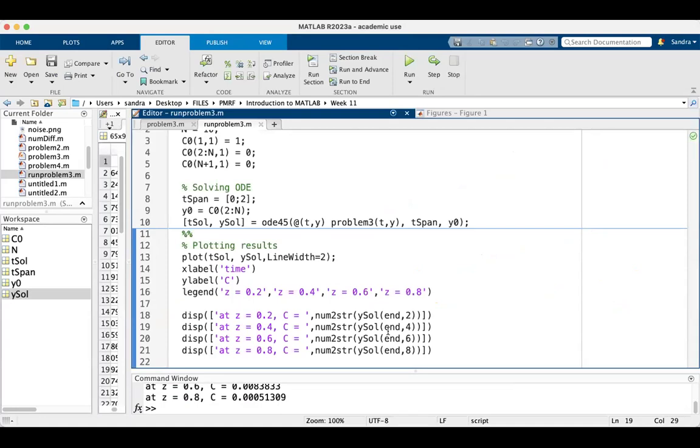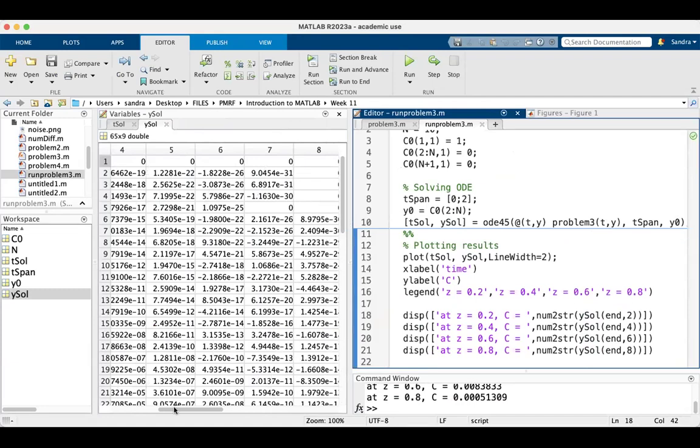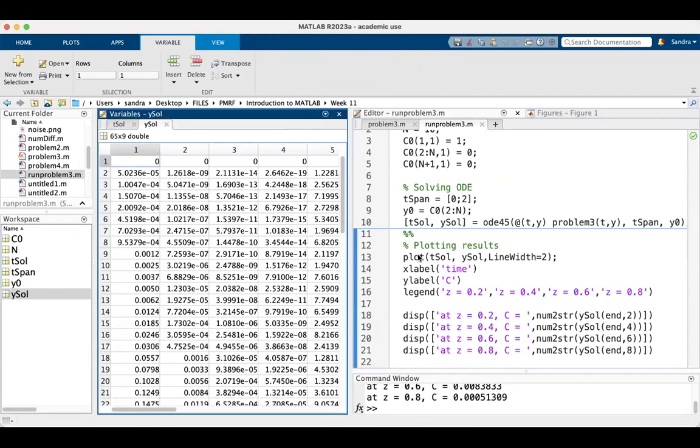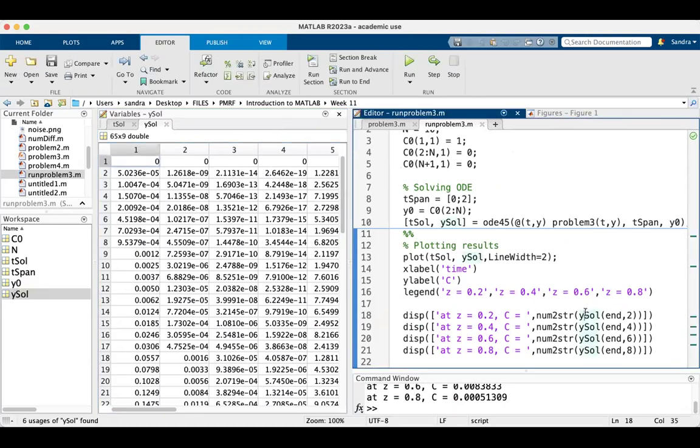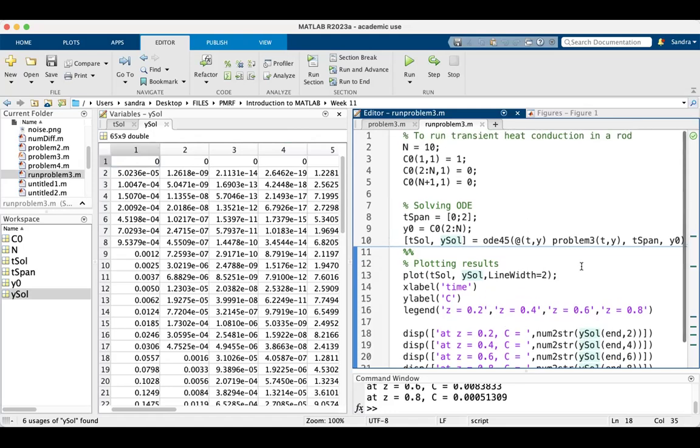Now, as per the question, if I want to get values for x equal to 0.2, you have to look at the y sol. The y sol, as I said, let me also look at the, just a second.